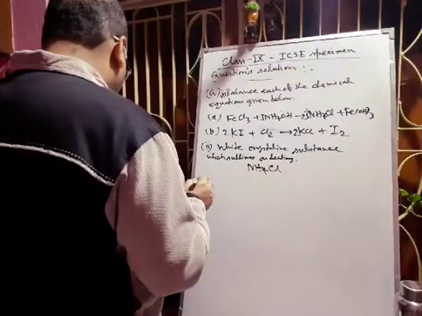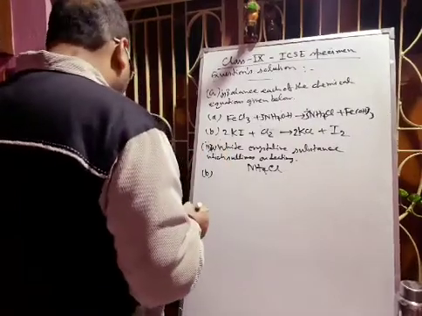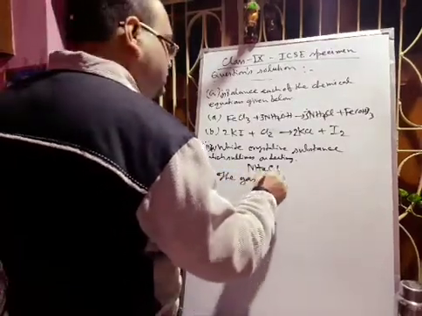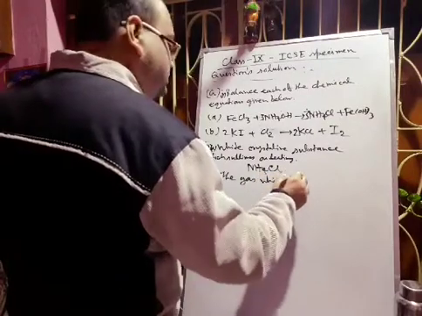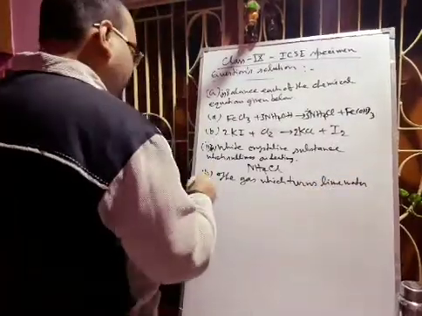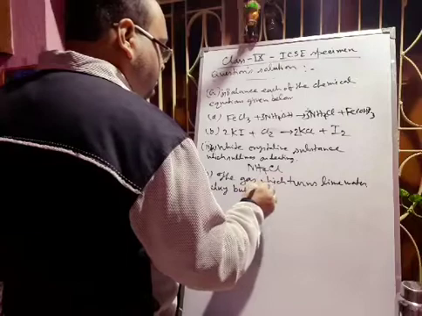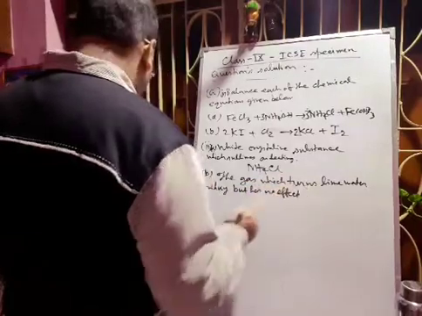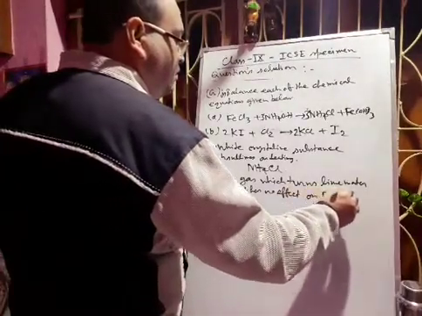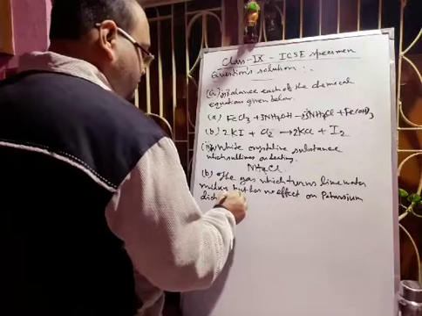Next question is given D. This is A. The gas which turns lime water milky but has no effect on potassium dichromate paper.